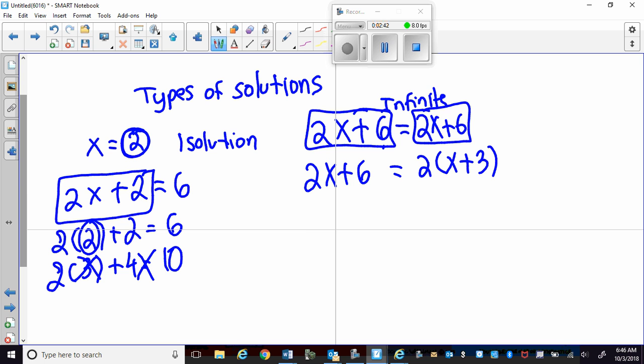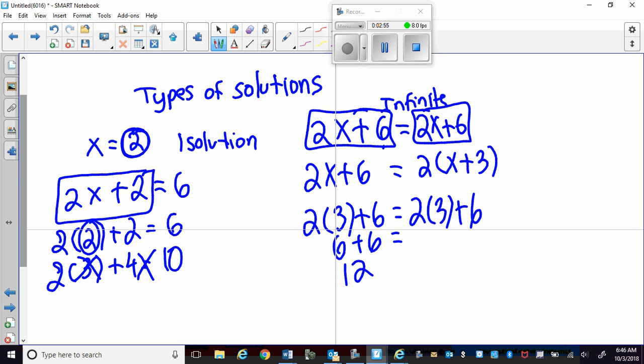Let's say 3: 2 times 3 plus 6 equals 2 times 3 plus 6. If I solve this on both sides, I have 6 plus 6, and I get 12. We find that you get the same thing on both sides as you go through each step. This is a case of infinite solutions. You can plug any number in, replace that x, and get the same thing on both sides.